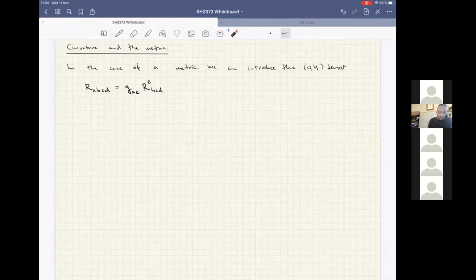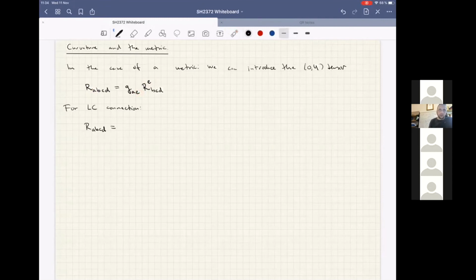So, if we do this for the Levi-Civita connection, we can write out the form of this curvature tensor. Note that the index we lowered is the first index of this expression.